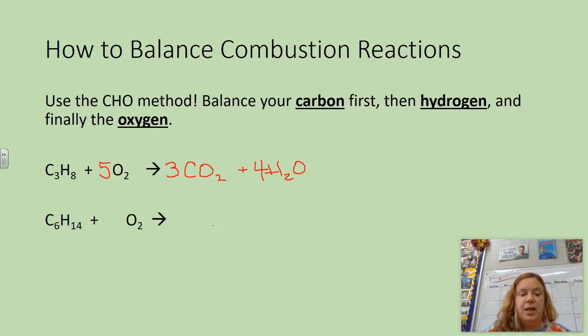Hang with me here. Say I get something a little bit bigger. Let's say I have the C6H14, and let's see where I'm at. Okay, so my products are going to be CO2 plus water. And so therefore I have 6 carbons, so I'm going to put 6 in front of the CO2, and I have 14 hydrogens.